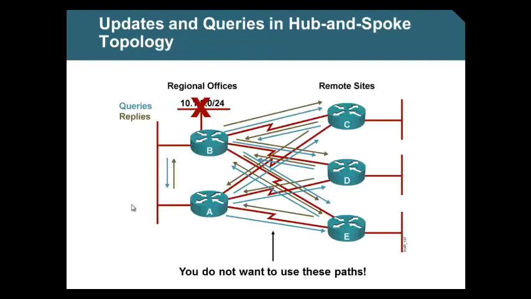See what happened. This one sent a query here. This is sending to its neighbor, and this is sending to this one, because for C, B is a neighbor. Query back, query back.